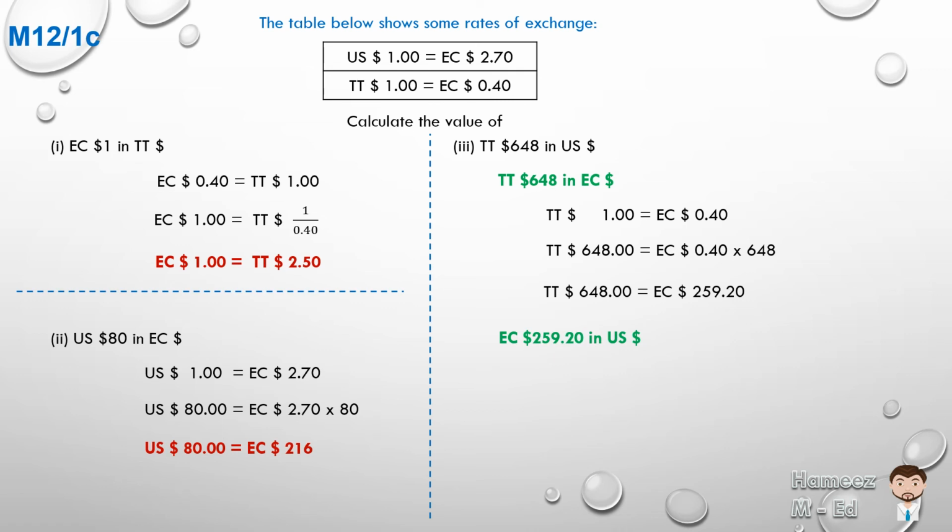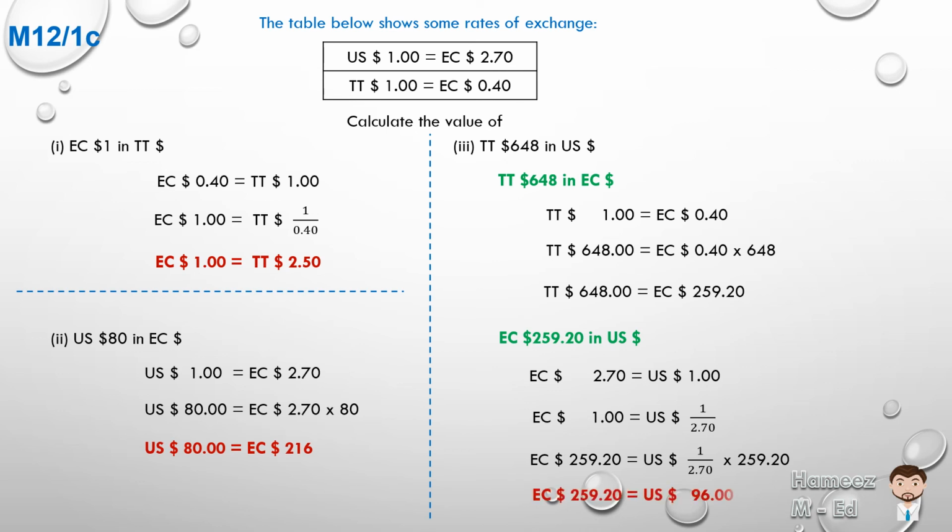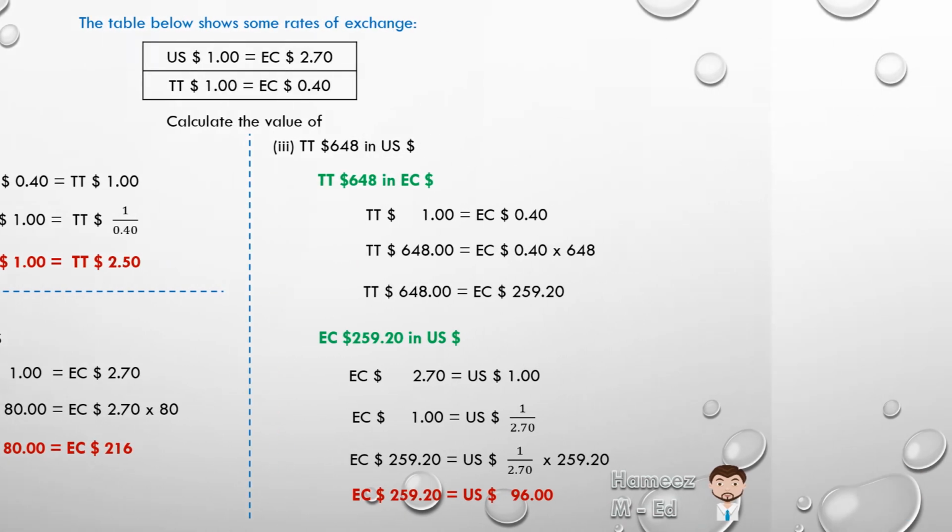So let's write the ratio. 2.70 EC is equal to 1 US. So we can find for 1 EC. So we divide by 2.70 on the left-hand side. So we divide by 2.70 on the right-hand side. As such, 259.20 EC, which is how much we want to find, would be 1 over 2.70 times 259.20. And that works out to be 96 US.